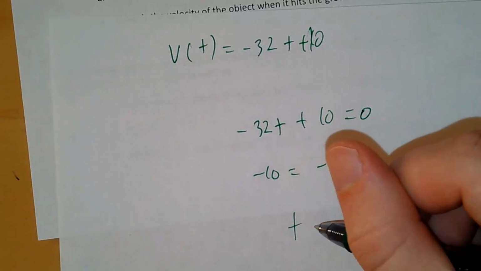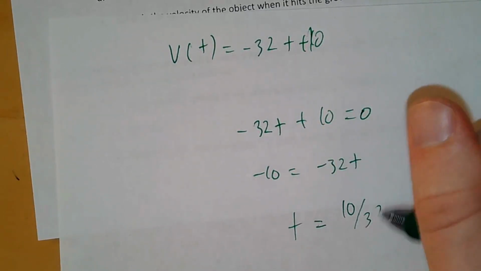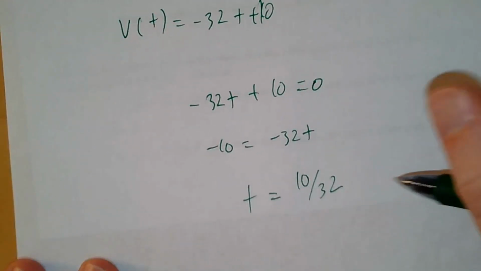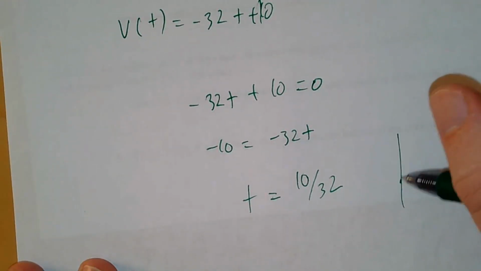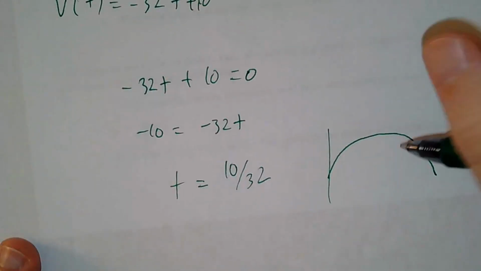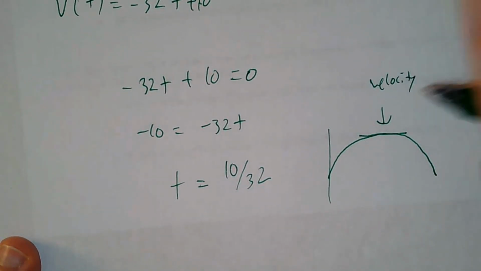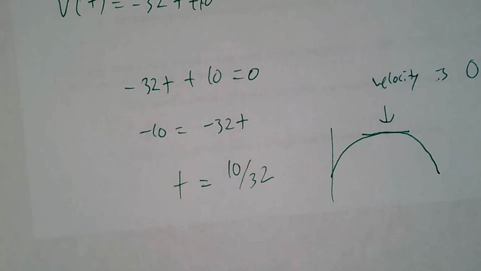So t equals 10 over 32. So that means that's when the velocity was 0. And the velocity 0, again, visually, this is what's going on. It's this point. Velocity is 0. Okay. Max height. Next question.